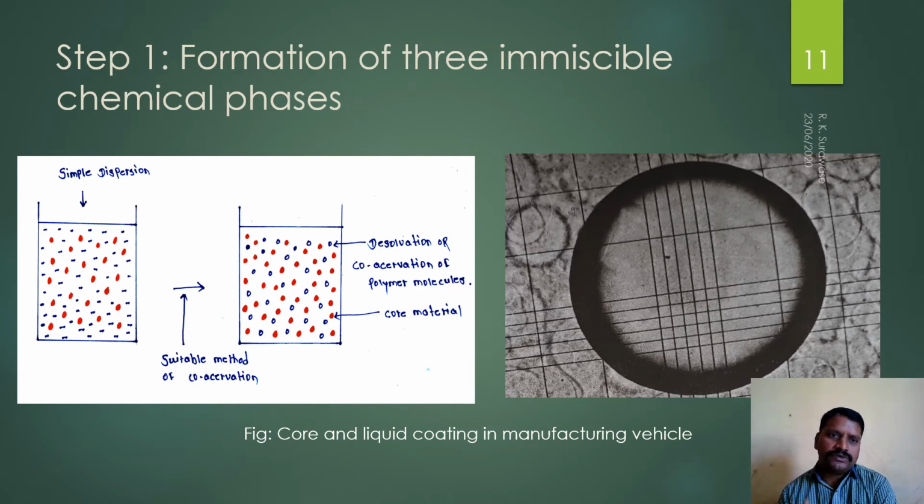Okay, so formation of simple dispersion of coating material and a drug material or core material in a suitable vehicle phase to form a simple dispersion by applying a suitable method of coacervation. Now the temperature change, addition of non-solvent, addition of salt, or incompatible polymer addition.